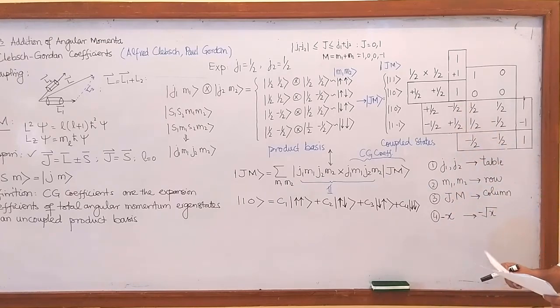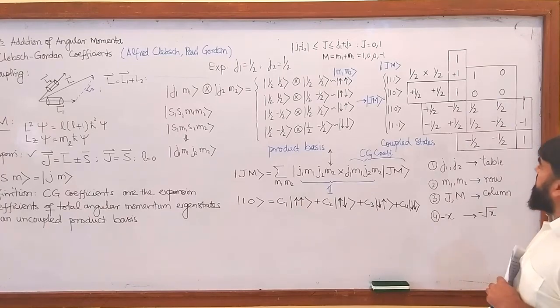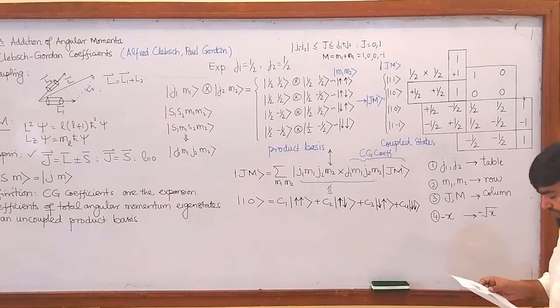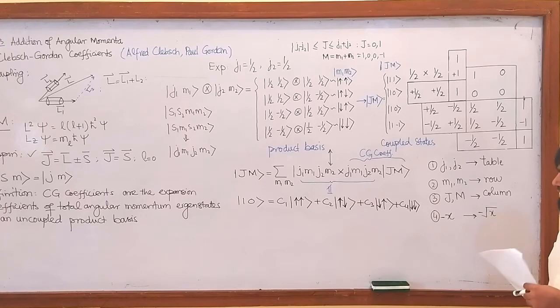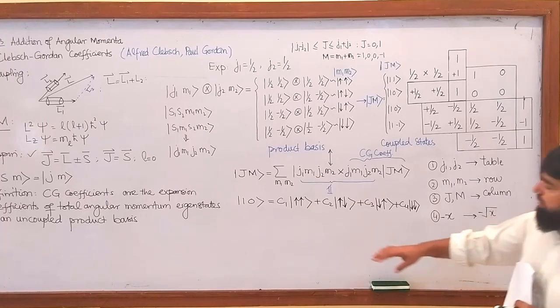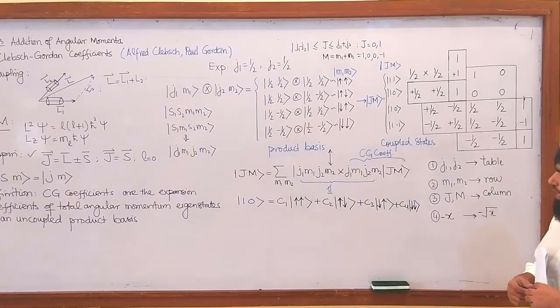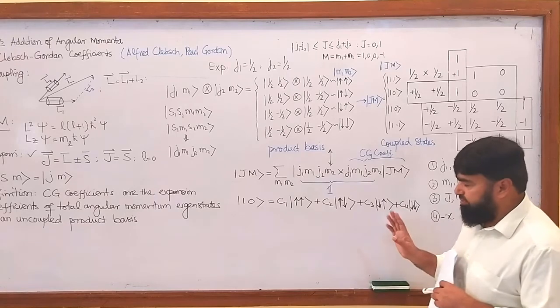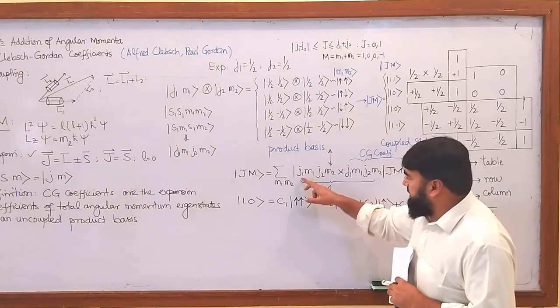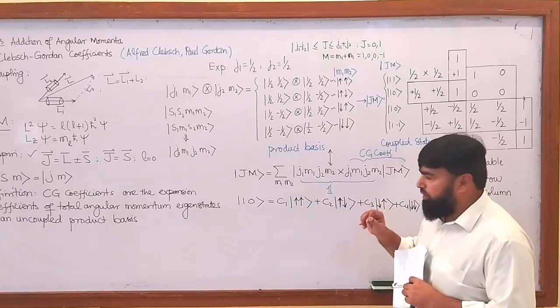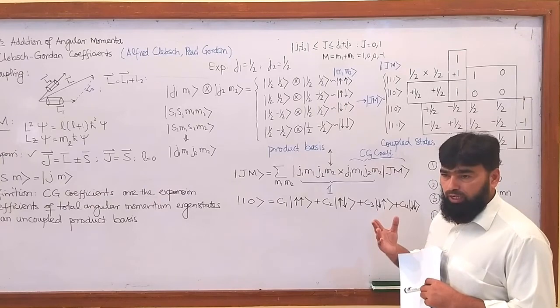And this will give us the idea of how we can work out this table. We will start with the 1, 0 state. First we consider J1 and J2, because we first have to locate our table.